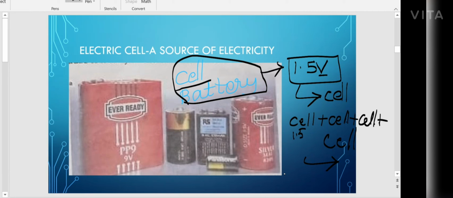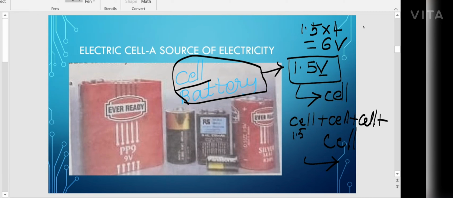That means 1.5 into 4 times makes 6 voltage. 6 voltage can be given by that battery. So all sources providing more than 1.5 voltage we call a battery. A series of cells together we call a battery.